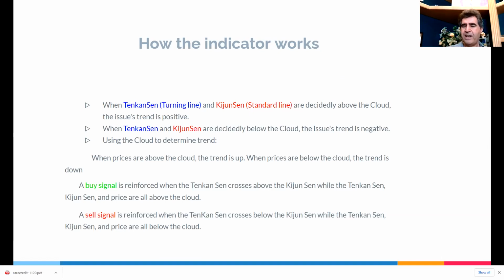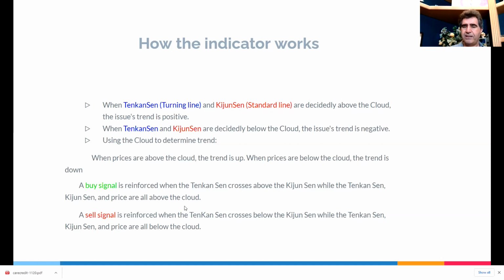When they are decidedly below the cloud, then we are in a negative or bearish stage. By looking at the cloud, we also look at the future, we see the slope and which way it's going. That's how you know if the trend is going up: is the future looking bright, are we flat, or are we down? We will look at it in detail through our charts.